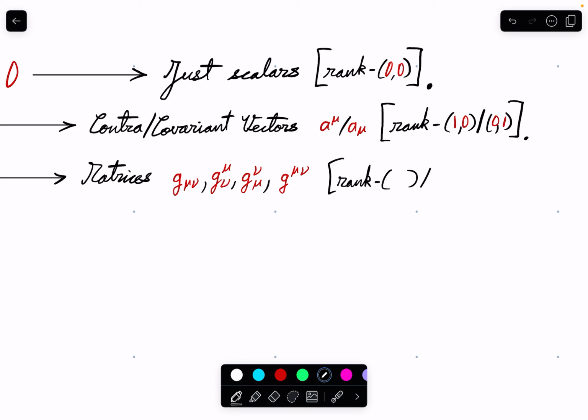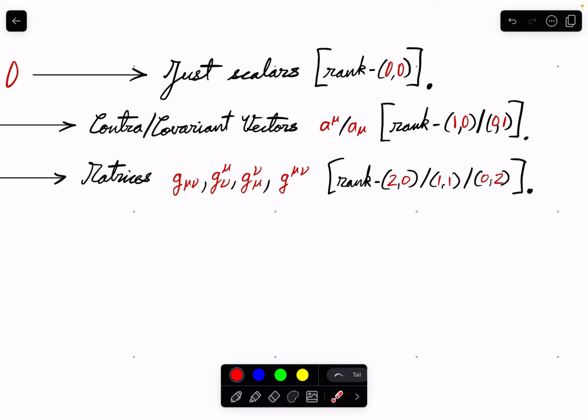And there are 3 possibilities for the type of rank, or the subclassification of rank. You can have 2, 0, 1, 1, or 0, 2. This qualifies as 0, 2. This qualifies as either of these, and 2, 0 is either of these.